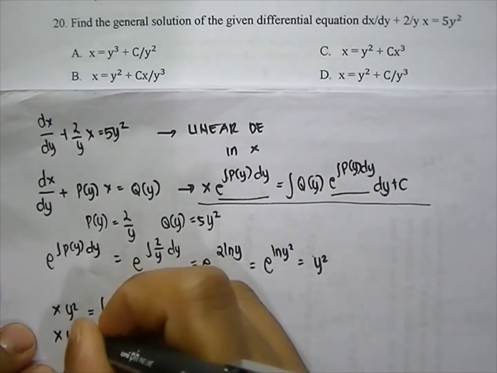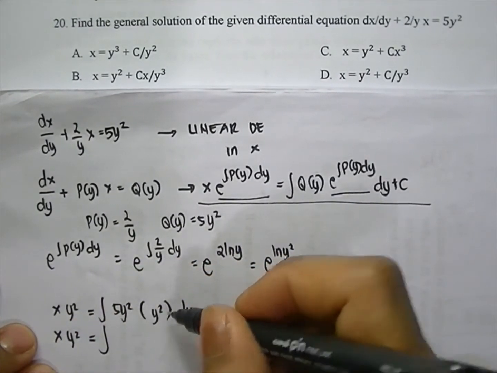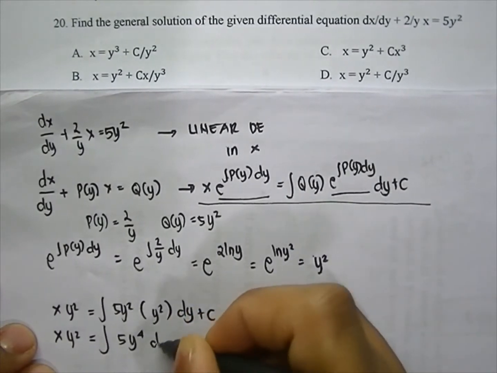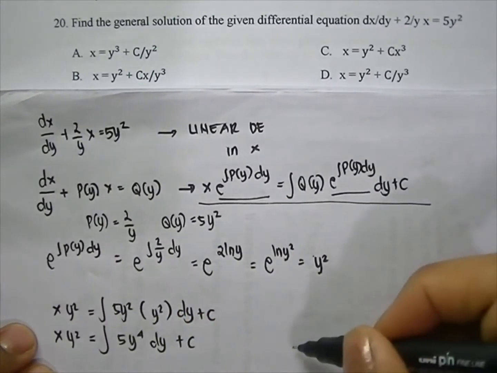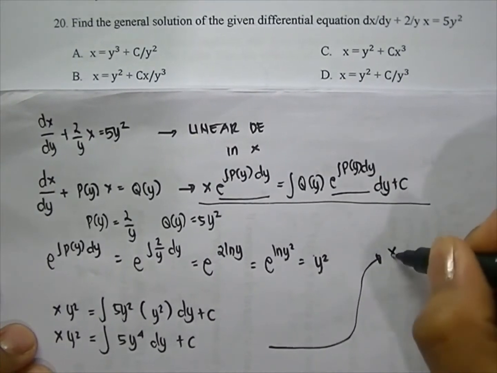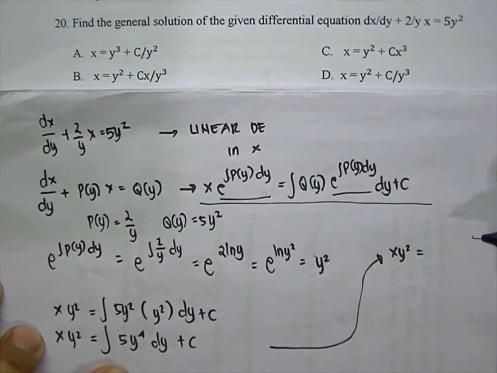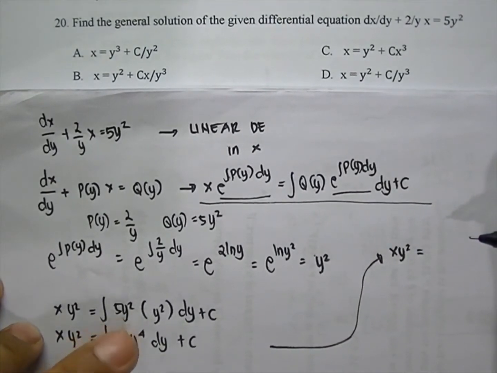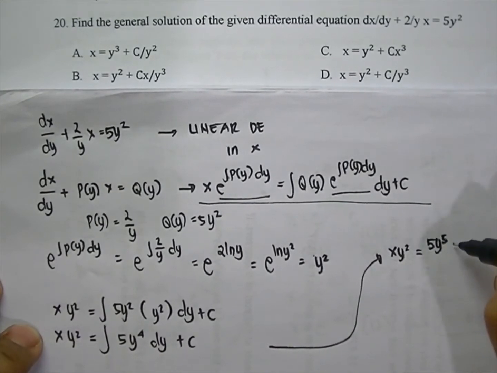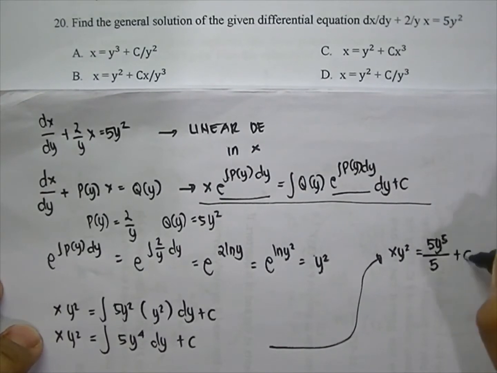So x y squared equals the integral of 5y squared multiplied by y squared, which is 5y raised to the 4th, dy plus c. So from this, we have x y squared equals the integral of 5y raised to the 4th dy, which is 5y raised to the 5th over 5, plus c.